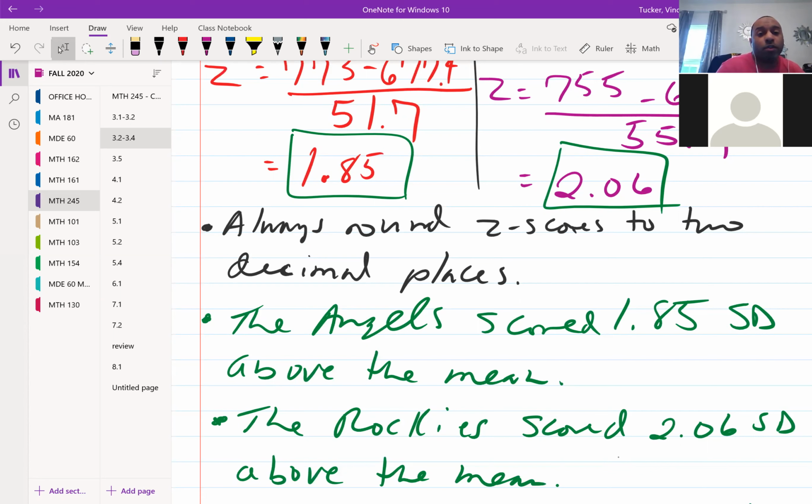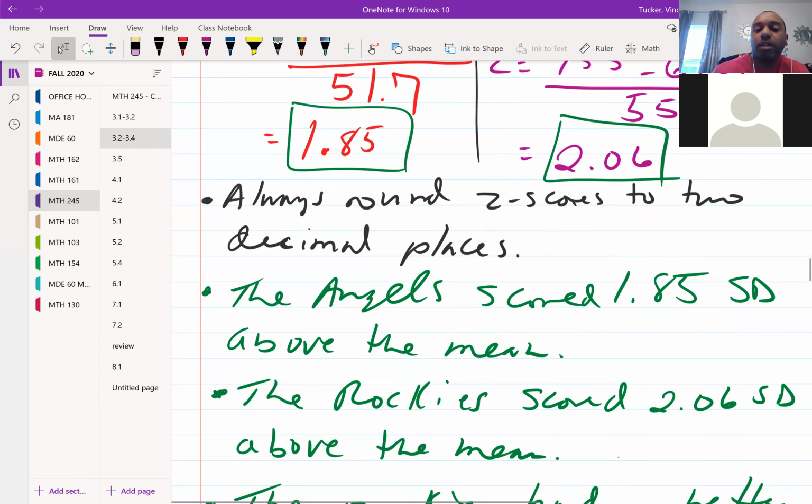And so even though the Angels scored 773 runs and the Rockies scored 755, which was less, if you compare it to the mean of the league that they were in, the Rockies scored 2.06 above the mean, which is more than what the Angels did above the mean. And so that means the Rockies had a better run producing year.